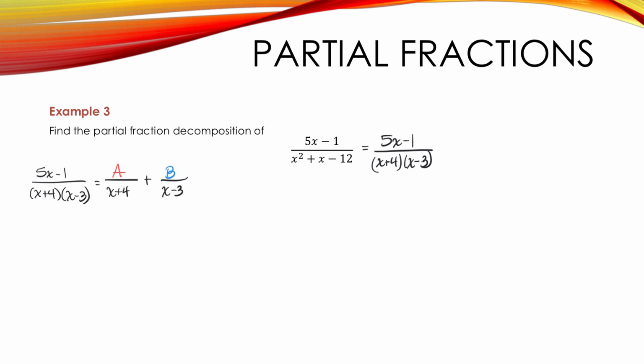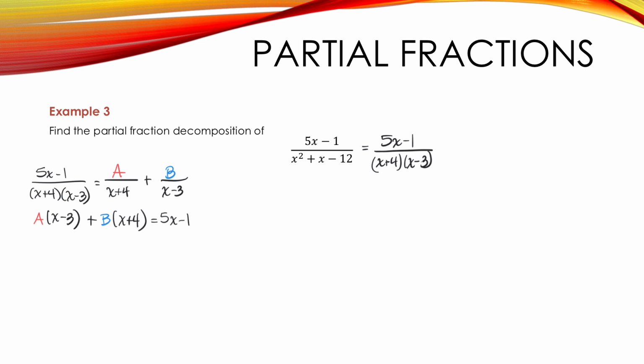So what we're going to say then is that on the left, I'm going to go ahead and switch the sides like I did last time, a times x minus 3 plus our b times x plus 4 has to equal what's left of our numerator on the left, which is 5x minus 1.